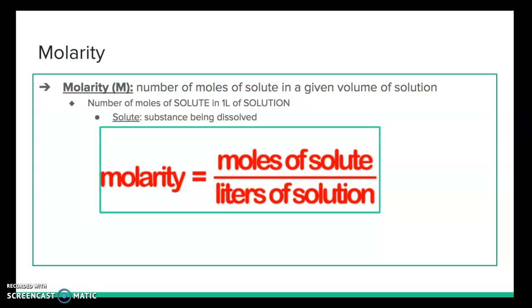Obviously, we're not always going to have 1 liter of solution, but when you represent molarity with that capital letter M, we assume 1 liter of solution. And just to remind you, the solute is what is being dissolved into our solution. So that's your formula, and that is also on the back of your reference table, Table T.